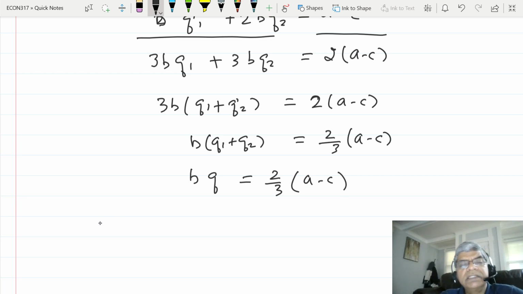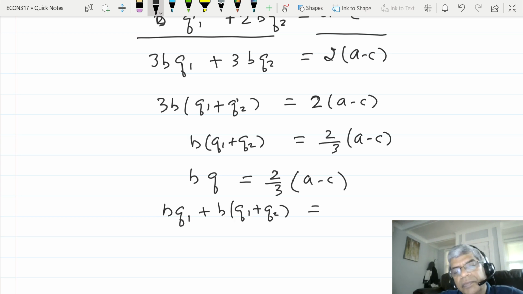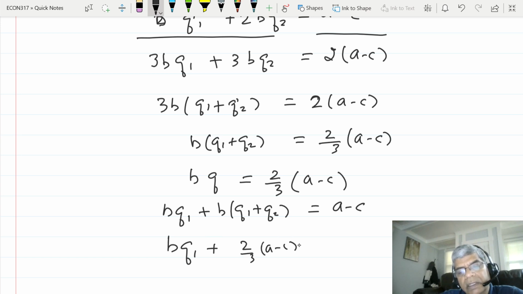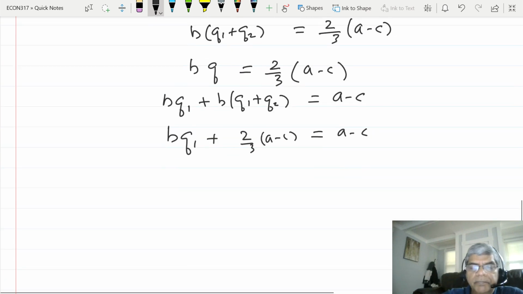I could use this to solve for Q1 from the first equation. Now we can see we could write BQ1 plus B(Q1 plus Q2) equal to A minus C, or BQ1 plus 2/3 (A minus C) equal to A minus C.